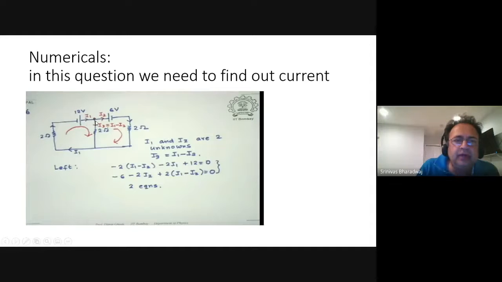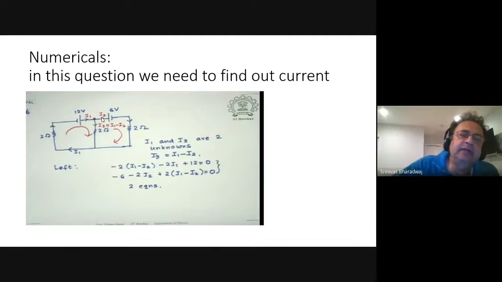Now if this is I1 and this is I2, then this is I3. I2 plus I3 equals I1. Therefore, I3 equals I1 minus I2. So now you have two unknowns.